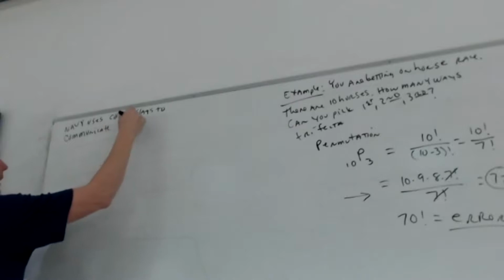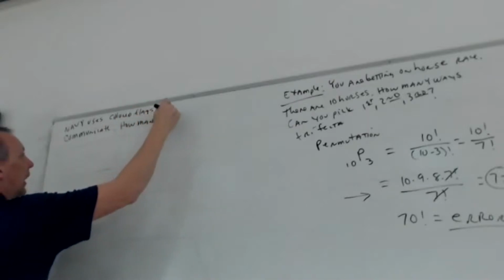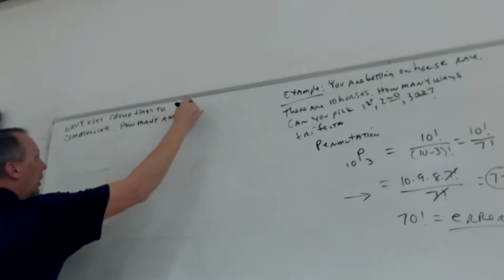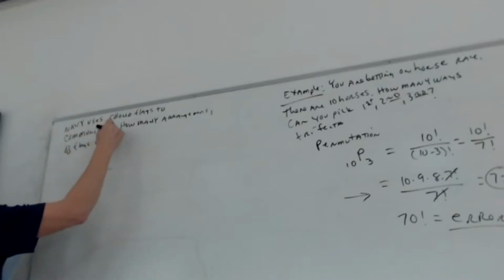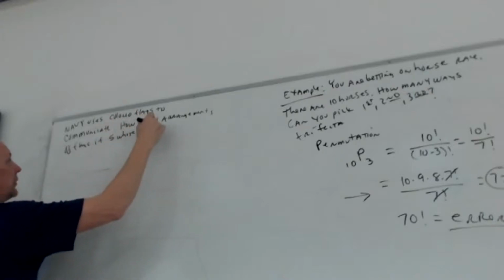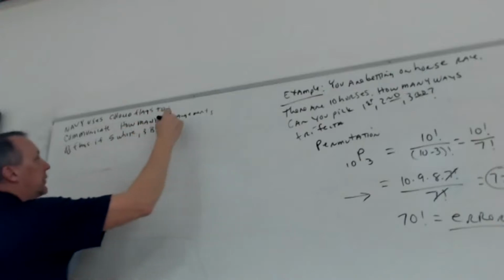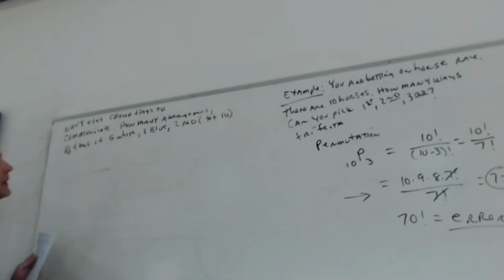How many arrangements of flags, if 5 are white, 3 are blue, and 2 are red, which is a total of 10.